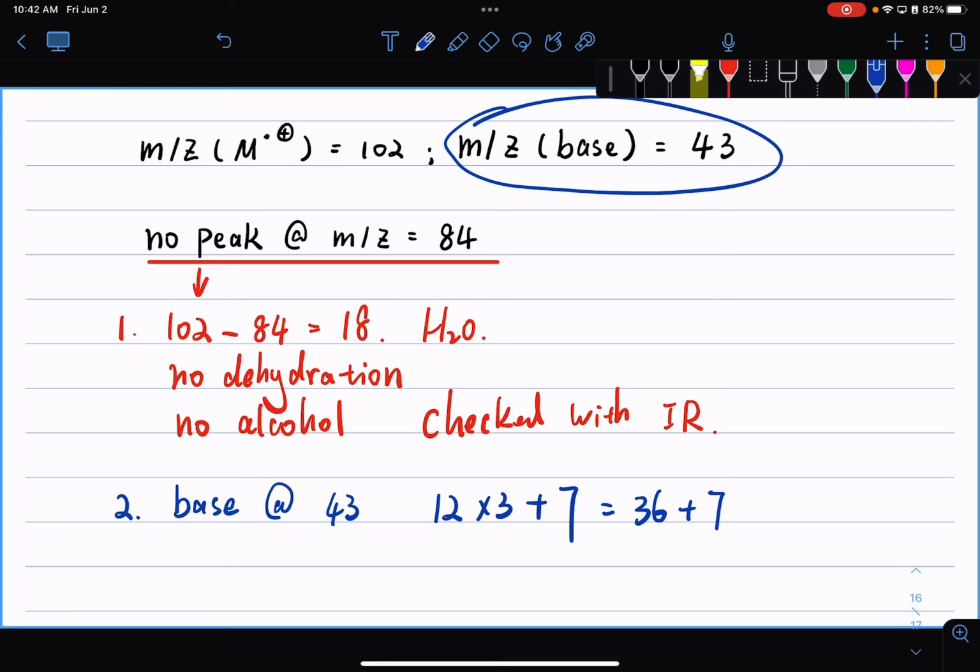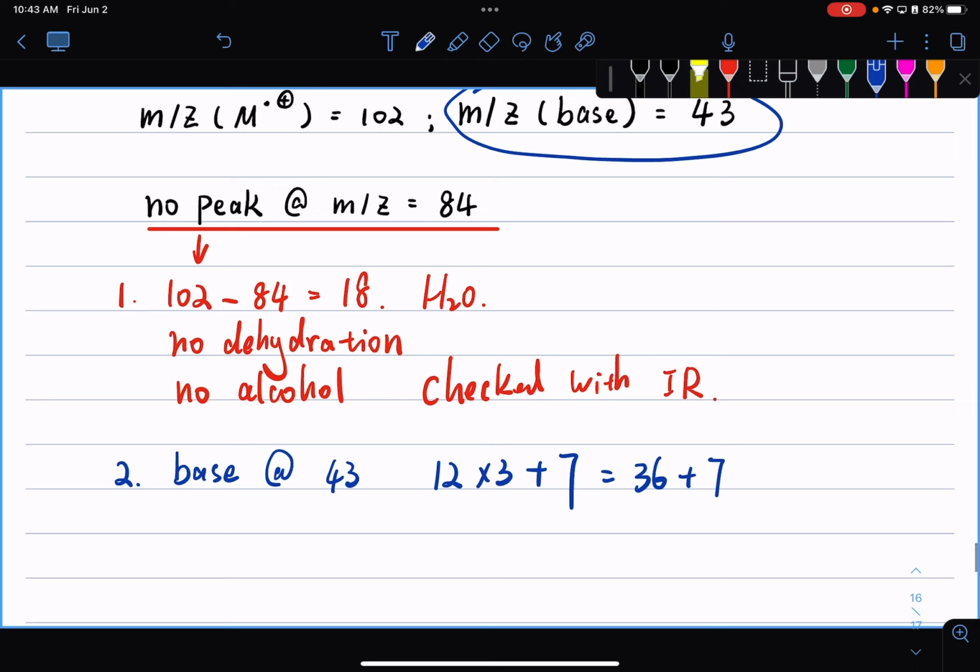Looking at our 43, it's a relatively small number, so it's easier to derive the nature of this carbocation. This is a carbocation of 3 carbons, 7 hydrogens. So what that tells us is this is an alkyl carbocation. It doesn't have any degree of unsaturation, and we want it to be relatively stable. So what does that tell me? It's likely to be an isopropyl cation.